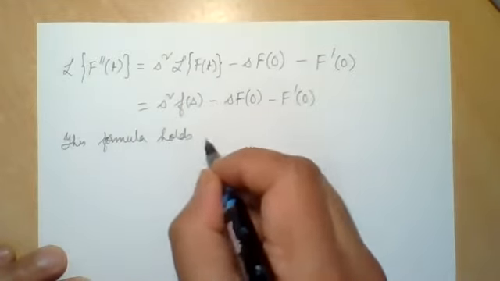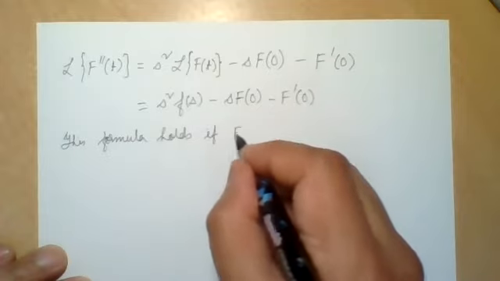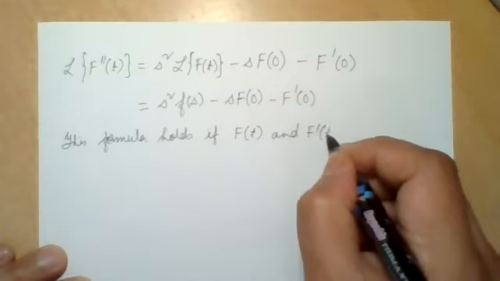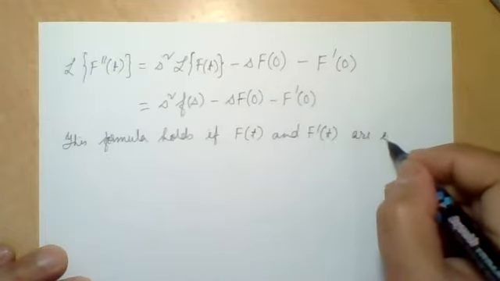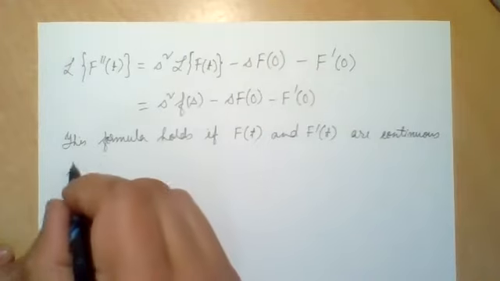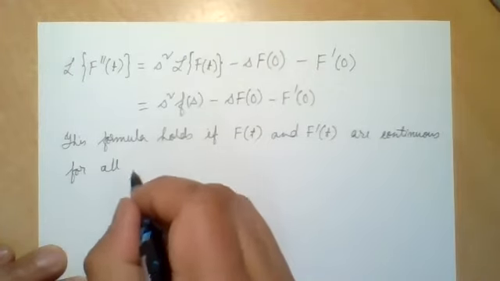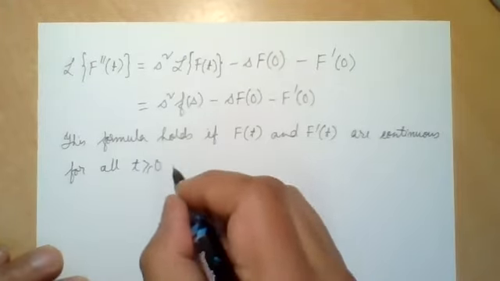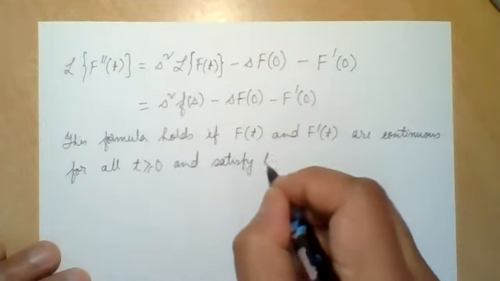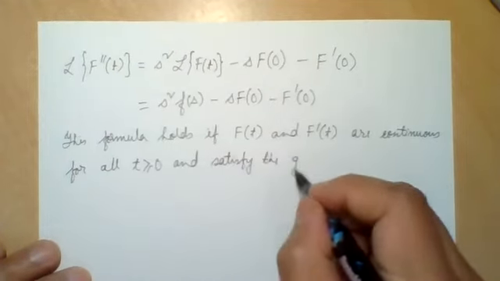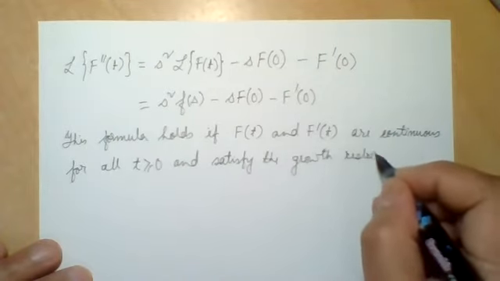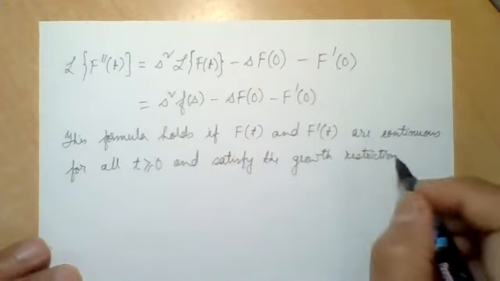holds if f of t and f prime t are continuous for all t greater than or equal to 0 and satisfy the growth restriction, that is, they are of exponential order.